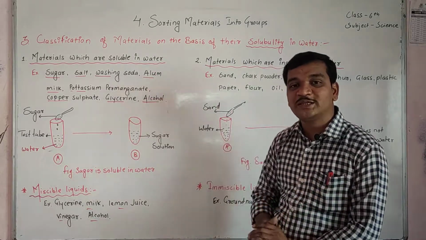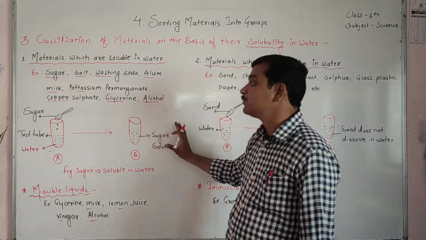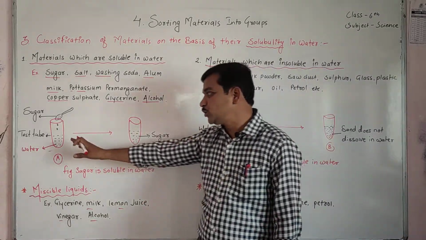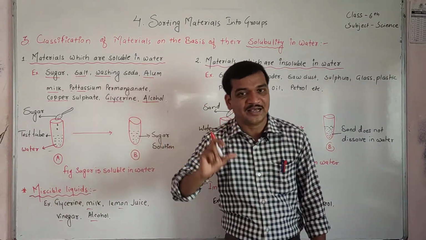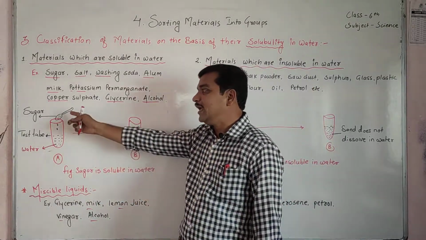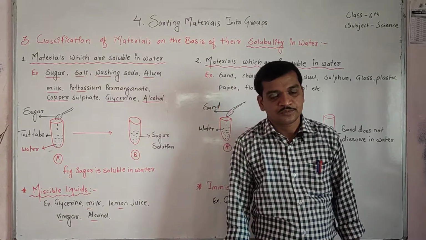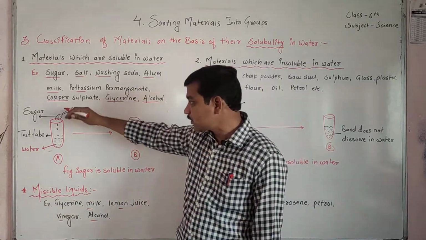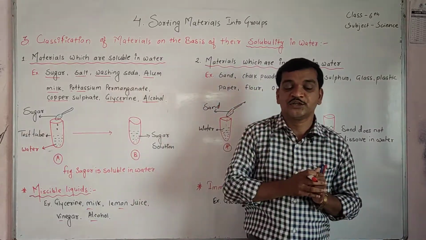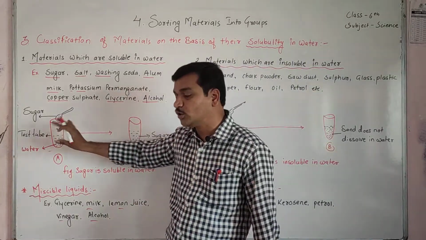How do we check their solubility? Here is one demonstration. You need one test tube, or you can use a transparent glass, which is available at home. With the help of a spoon you can take some sugar.